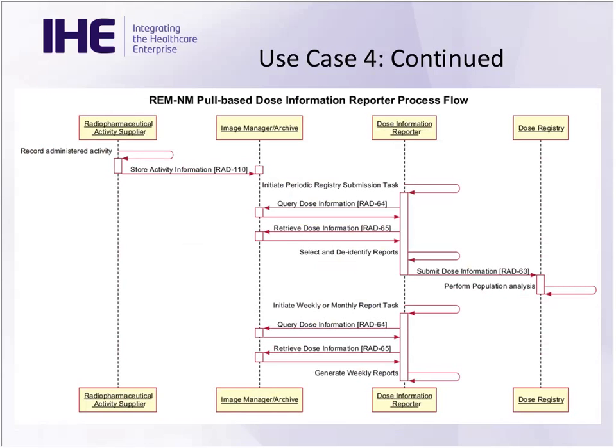So the RAS is the first box. The image manager archive, the dose information reporter, and the dose registry are boxes. In this case, the RAS pushes to the image archive, and then the dose information reporter queries the image archive, pulls images, and retrieves the dose information, de-selects and de-identifies the reports, and pushes that out to the dose registry.